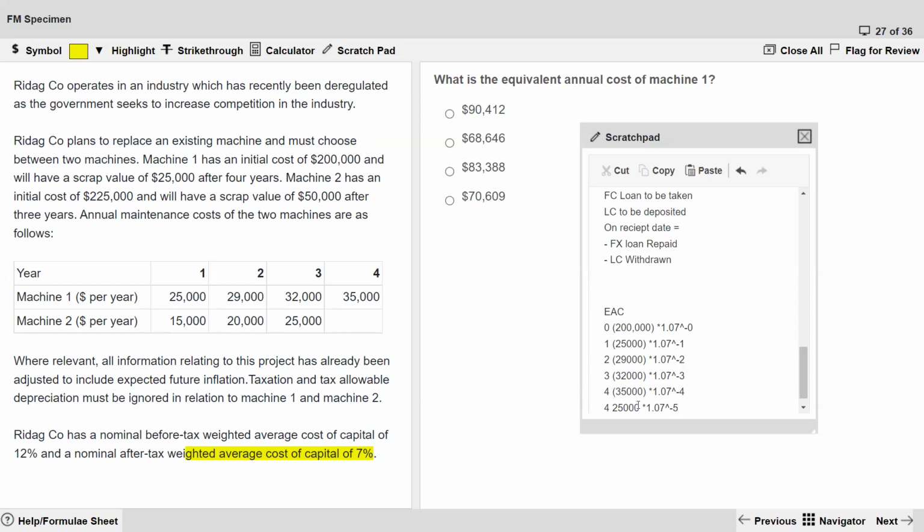So you have got this 25,000 into so and so, so and so, so and so. Now, whatever the present value comes in, you divide it by the 4-year annuity factor at 7%. So can you just let me know what's the equivalent annual cost?